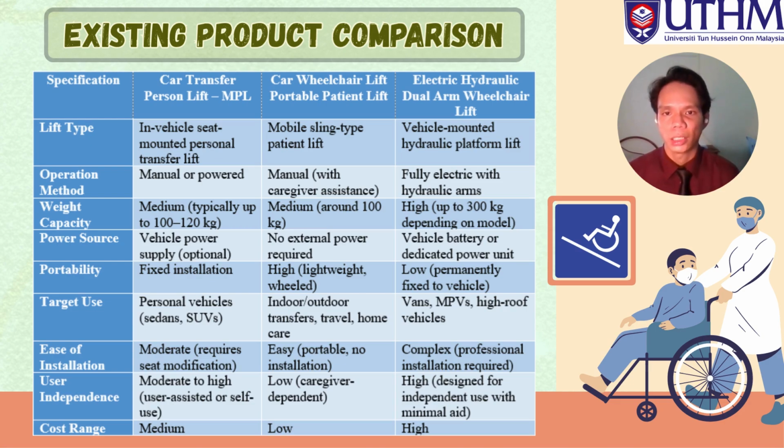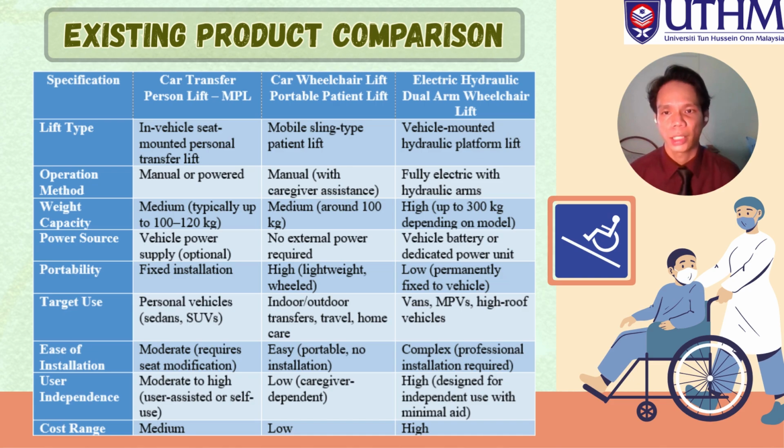The second design is indoor or outdoor transport. It's not only used in the vehicle, it can also be used with a hospital bed or anywhere, so it can move around. And the last design is for vans and MPVs, which are usually big vehicles.